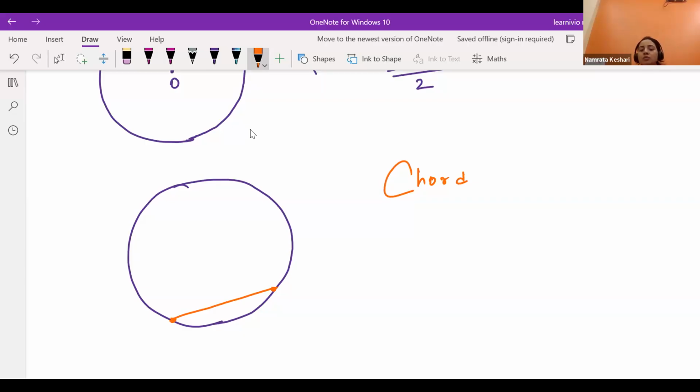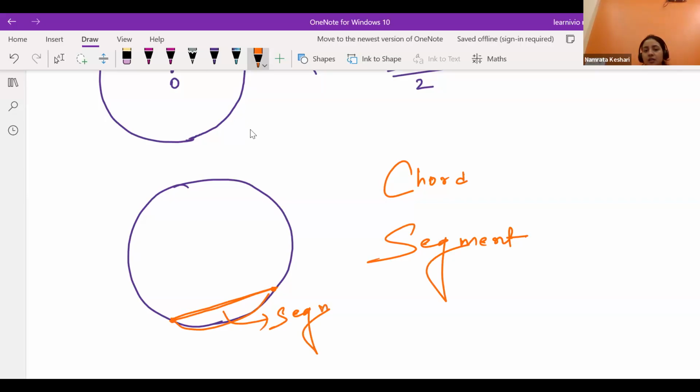Okay. Now, what is segment? The area bounded by a chord and an arc is called a segment. This is called segment of a circle, and this one, the smaller one, is called minor segment. And the bigger arc, whatever area it occupies with the same chord, is called major segment.